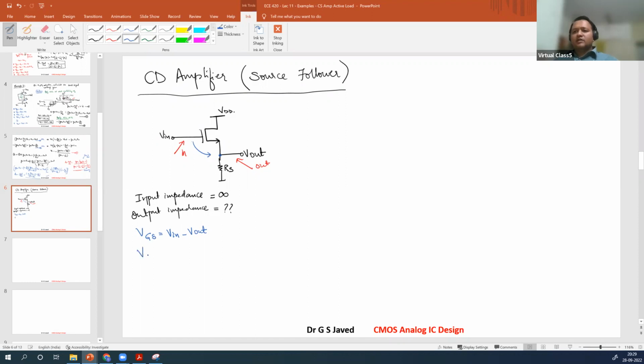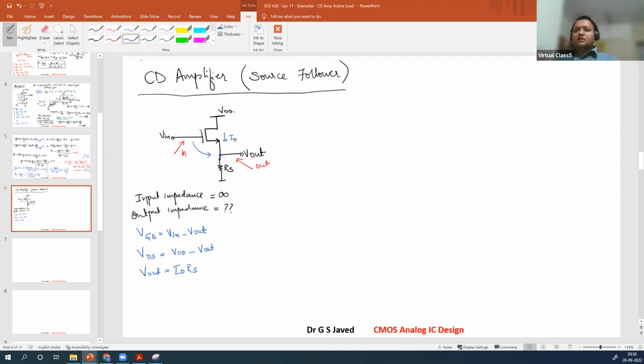What is VDS? VDS is VDD minus Vout. Now what is Vout? Vout is ID times RS. So what is VGS? Vin minus ID RS. What is VDS? VDD minus ID RS. Vout is given here.